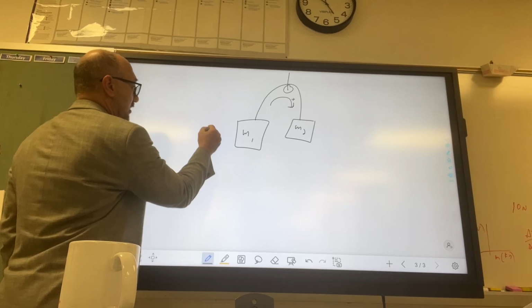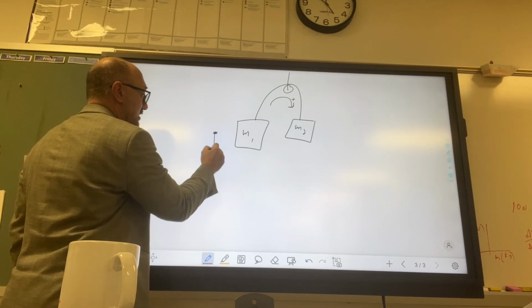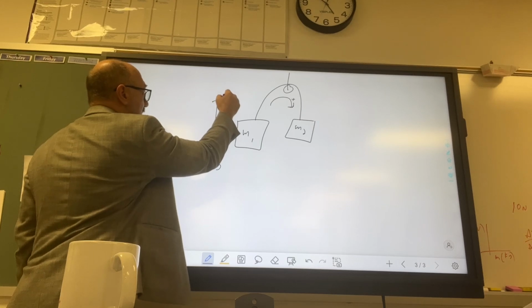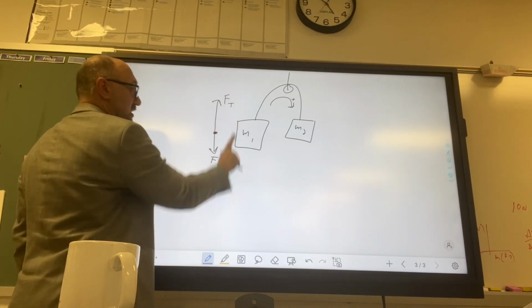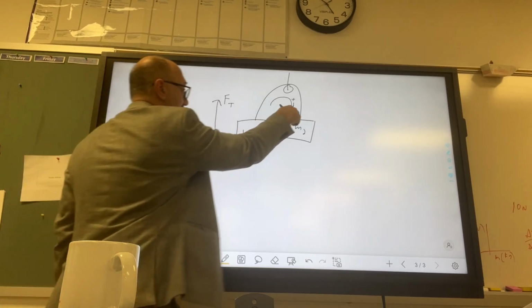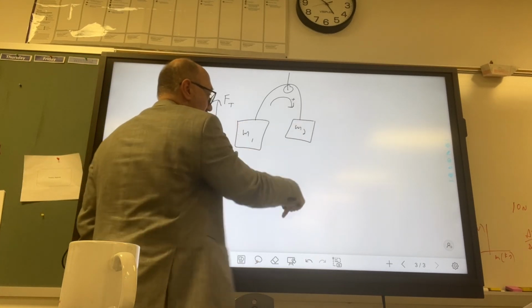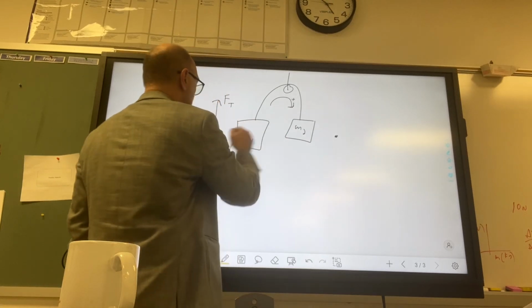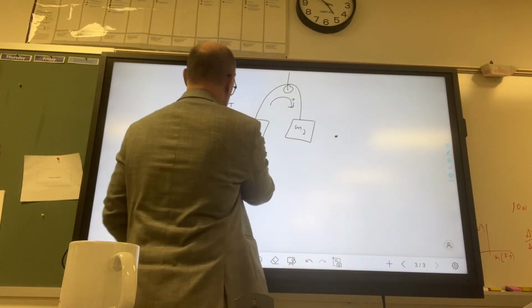So free body diagram for this guy, I've got his gravity, and then I have tension, which is going to be bigger because he's going to accelerate up. This guy's heavier than him, so he's going to accelerate down. So his gravity has to be bigger than this guy's gravity.